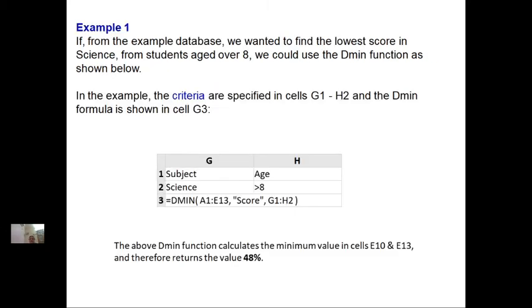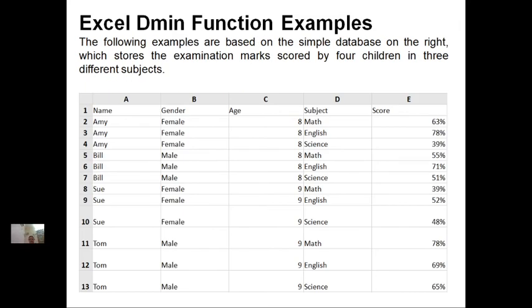Now let us go to the next slide, where he is taking the condition. From the example, we want to find the lowest score in science from students aged over 8. Over 8 students here is 9.